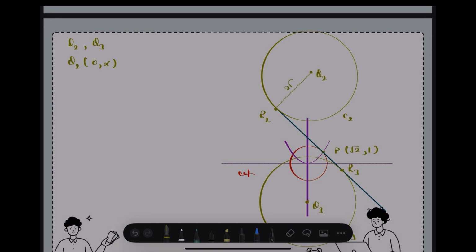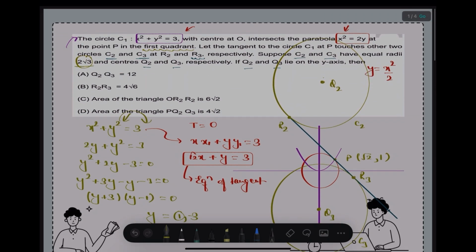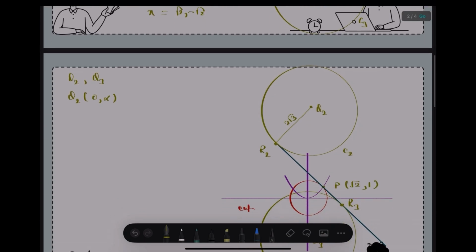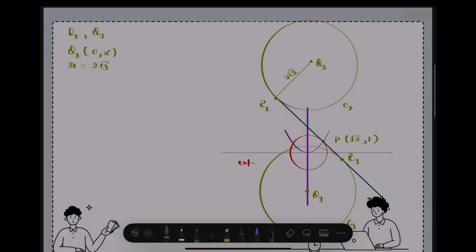The radius was 2 root 3, right? So if you know the radius is 2 root 3, can we connect the perpendicular distance of Q2 R2 with the radius?